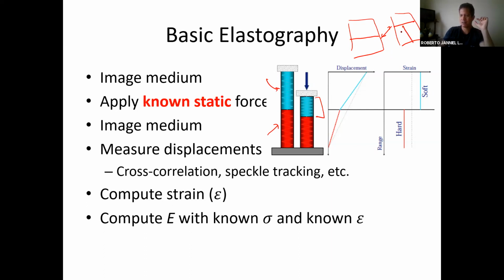From here to here, dimensions reduced almost nothing. From here to here, they reduced a lot. You have the original distance and the new distance, so you can divide the compression by the original length to get the strains, you apply the same force, and so on and so forth. And you can figure out roughly the relative stiffness of one medium compared to the other.